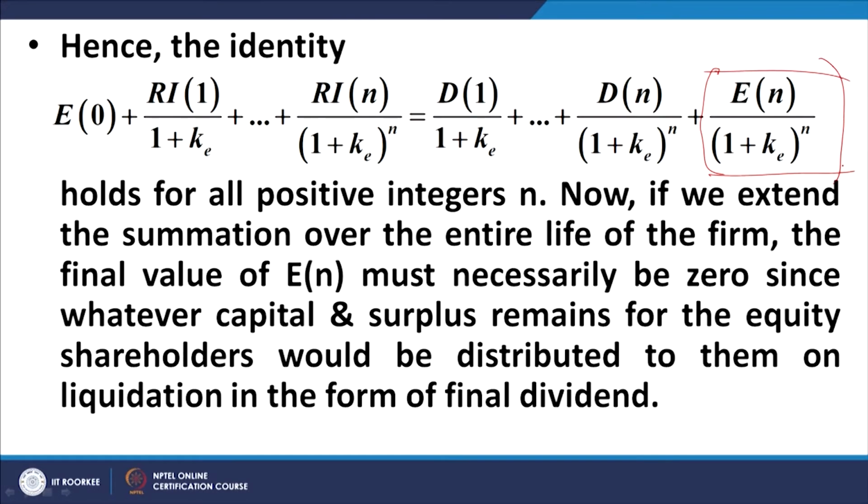Now, if you look at this carefully, if n is the life of the firm, then the value of equity at the end of the life of the firm has necessarily got to be 0, because whatever would remain in terms of the residual assets or residual resources available with the company would naturally be distributed to the equity shareholders and would partake the character of the final dividend that is to be paid to the company.